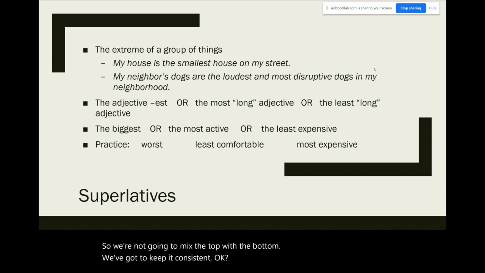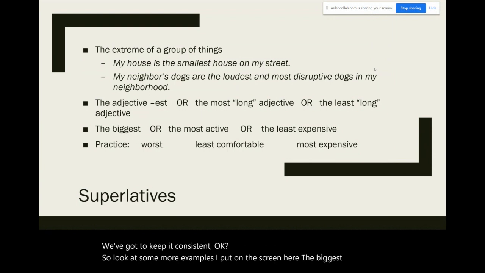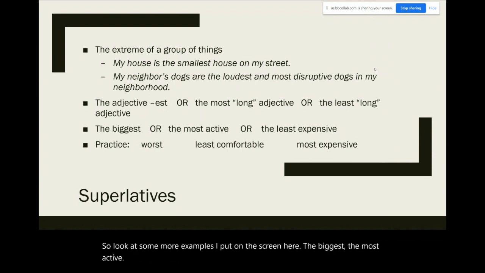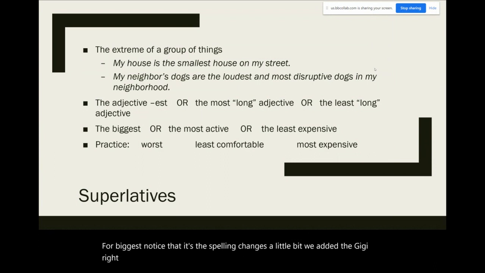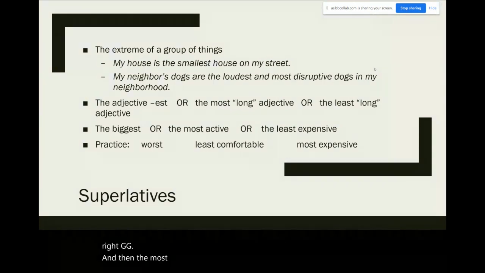So look at some more examples I put on the screen here. The biggest, the most active, the least expensive. These are more examples. Now for biggest, notice that the spelling changes a little bit. We added the GG, right? Double G. And then the most active has 2 syllables.